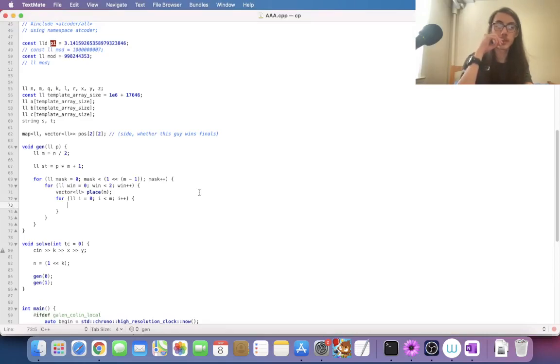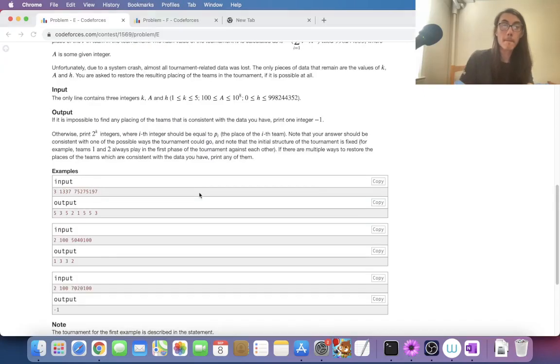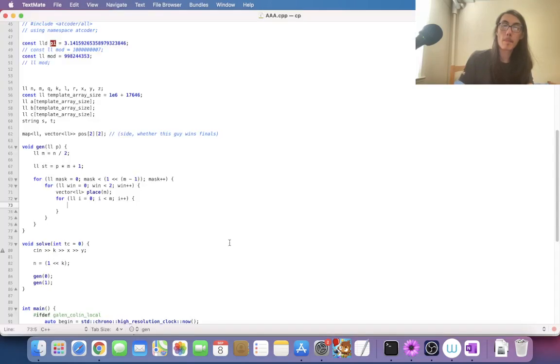Alright, so for i equals 0, i is less than m, i plus plus. Place is going to be the record of what place each person got.